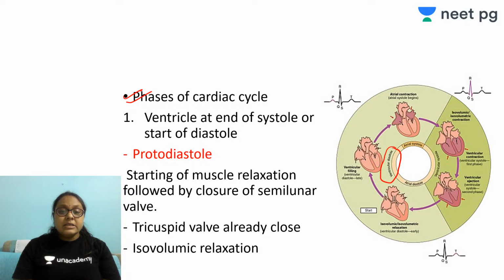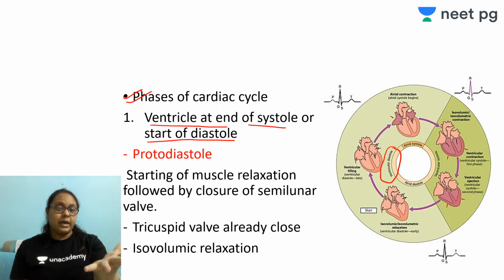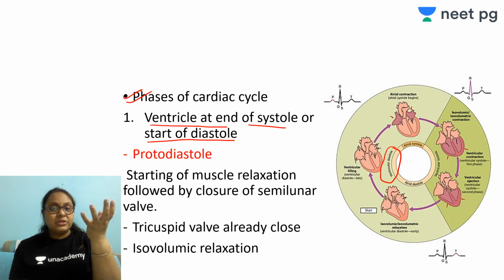So the first phase of the cardiac cycle is when the ventricle is at the end of systole or start of diastole. So the ventricle has just contracted and has started to relax. At the end of systole, systole means ventricular contraction. So end of systole and start of diastole.